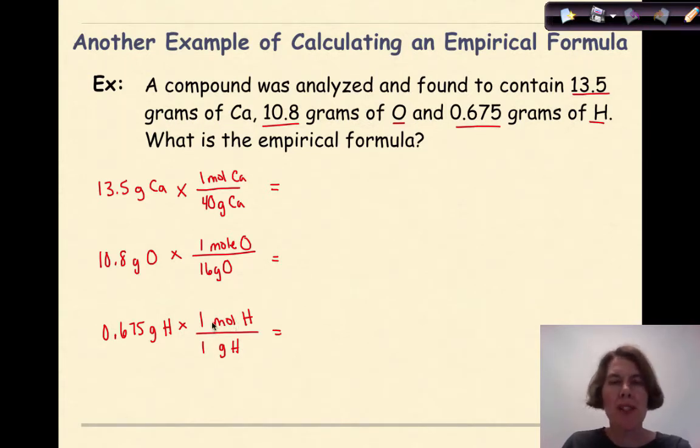So we know we have these set up if the unit that we start with can be canceled by the unit on the bottom of our first ratio. So grams of calcium cancels grams of calcium. 13.5 times 1 divided by 40 is 0.3375 moles of calcium.